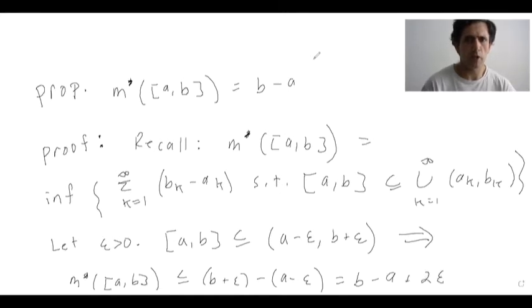And this is for arbitrary epsilon. And hence we have half of our proposition. So certainly this half is not one of the trickier results in this course.